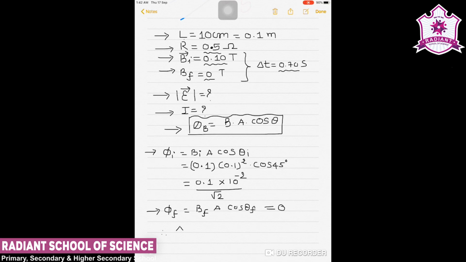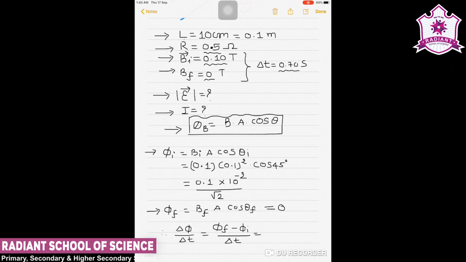So delta phi upon delta t can be written as phi f minus phi I upon delta t.